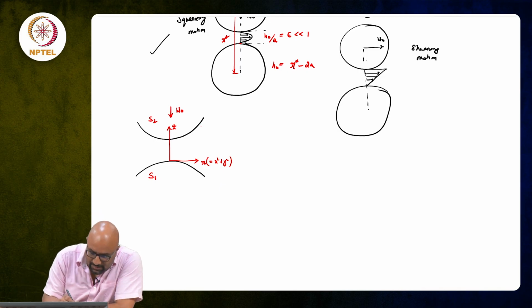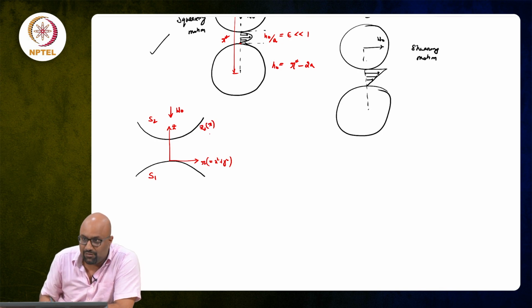Now, this surface I will call z2 of r, a function of r, and this is z1 of r. Let us take sphere 2. What is the equation for the surface of sphere 2? It will be x squared plus y squared plus (z minus h naught minus a) whole squared equal to a squared.